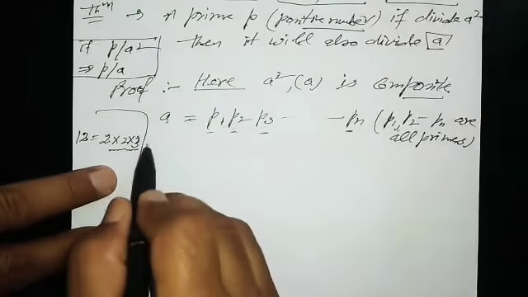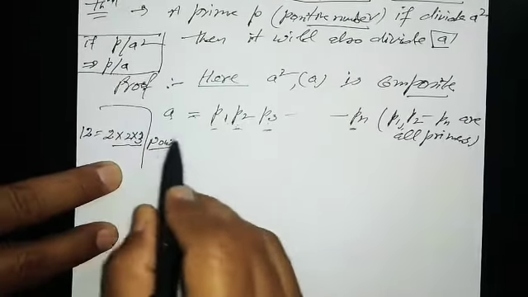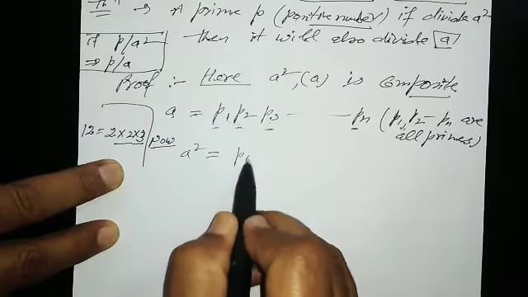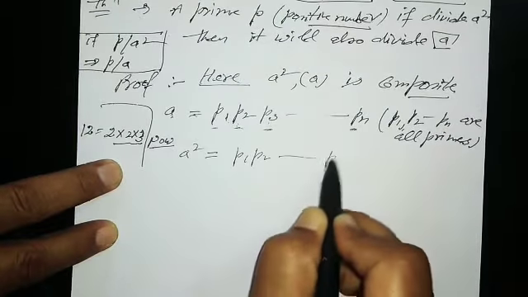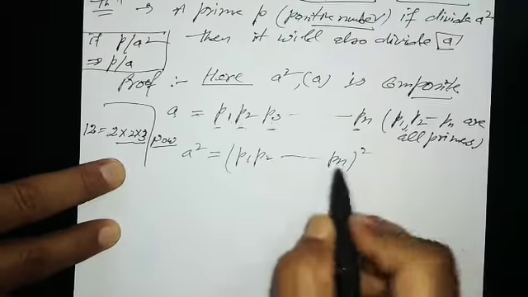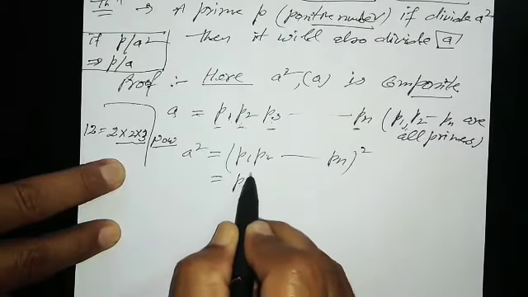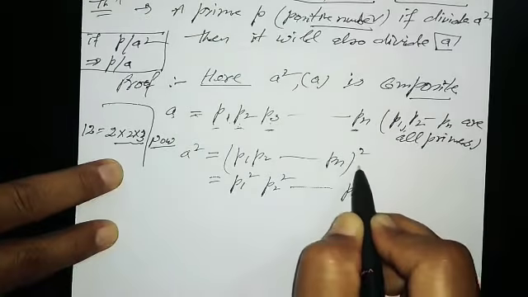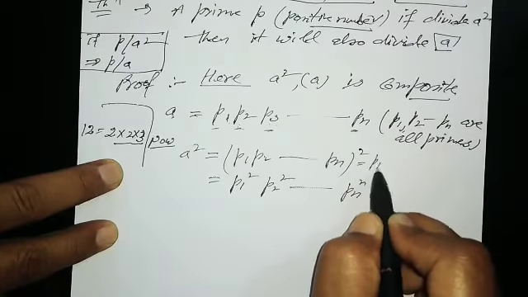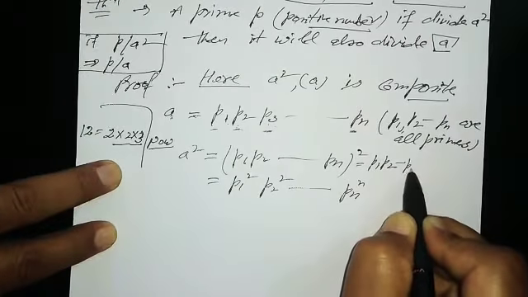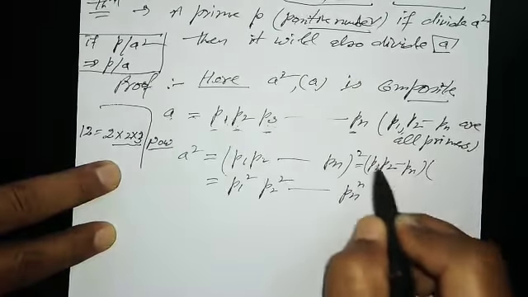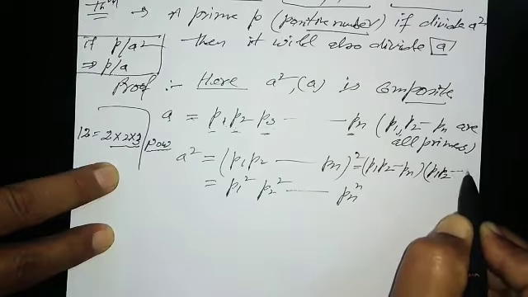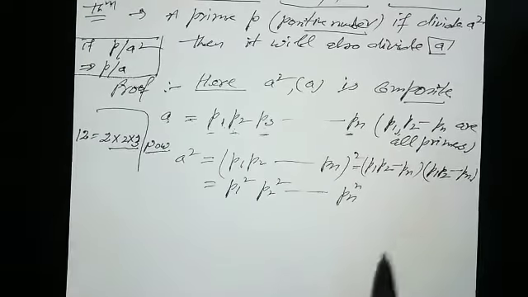Okay, now squaring both sides, what will you get? Here a square, and here p1, p2, pn can be expressed as squares. Before this step you can also write it as a product, because the power is 2, so you can write it as a product in two ways, right?